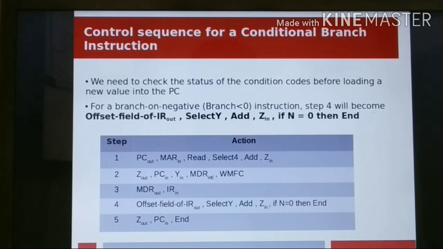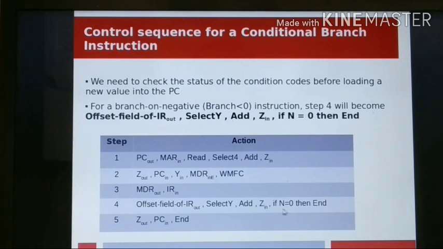Here this is the fourth step: offset field of IR out, select Y, add, Z in. If N is equal to 0, then end. That is, we will finish the instruction execution here itself, and during the next clock cycle, the next instruction will be executed.